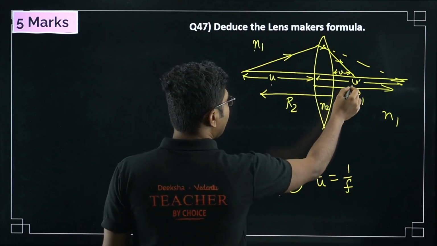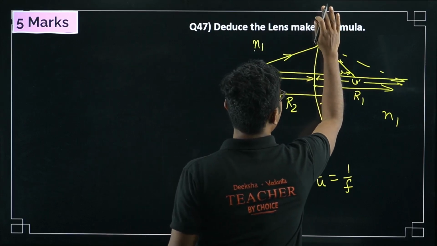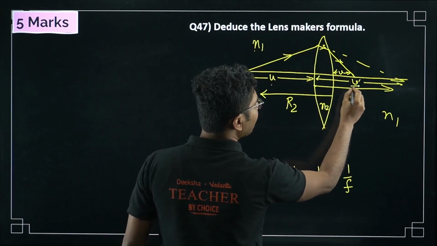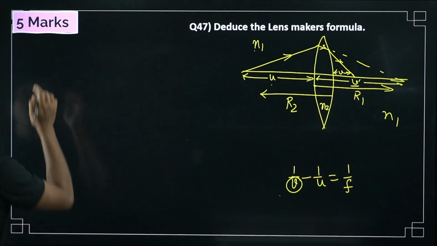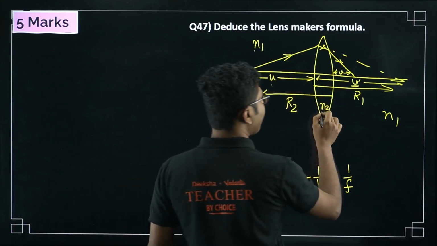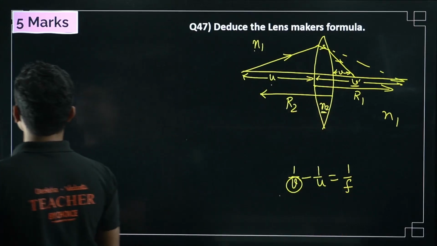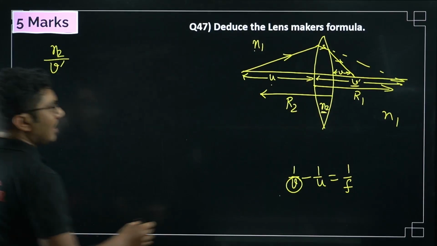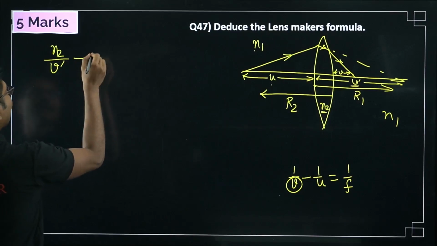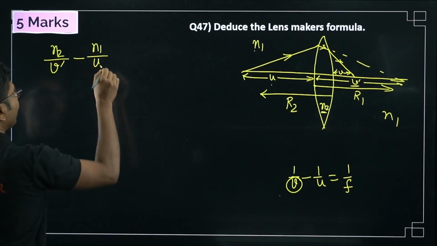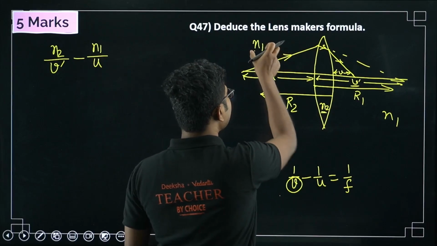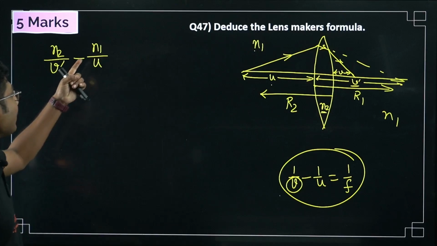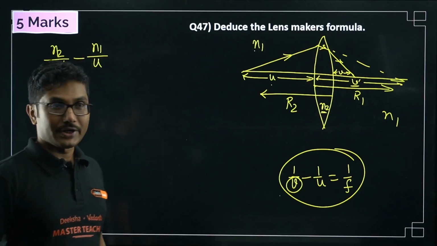But what is the first term? The first term is v. Here for this surface we will start with the first surface. So this is u and the corresponding v is this. Where is it happening? It is happening inside the lens, so the refractive index is n2. So n2 by v dash minus n1 by u. U is located in this medium, so even though this is at the back of our mind, when writing we have to incorporate the corresponding refractive index as well.